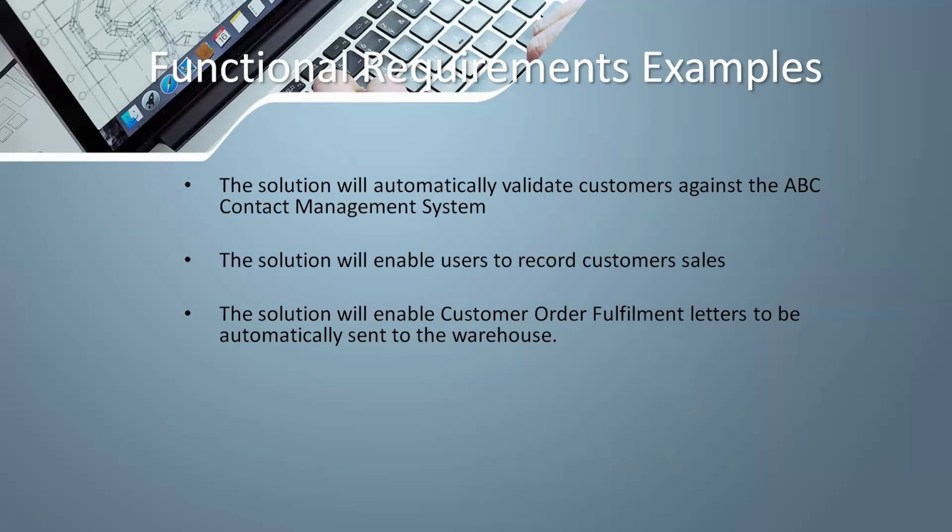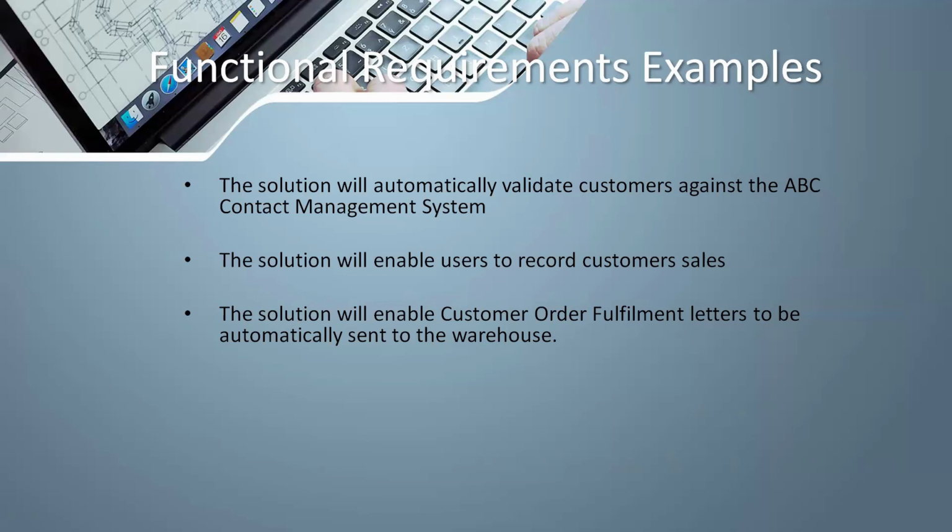The solution will automatically validate customers against the ABC contact management system. Can you explain what this is, without knowing head and tail? What does this statement tell you? The solution is the software that you're going to develop, right? The feature that you're going to develop, the functional requirement which you're going to develop.